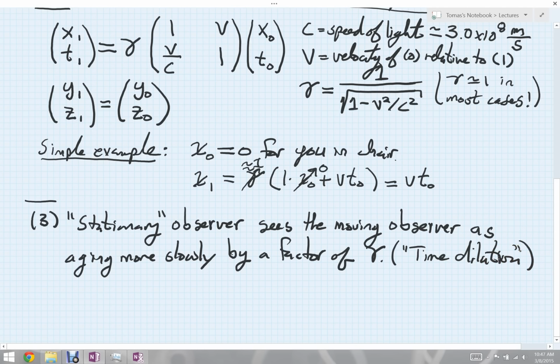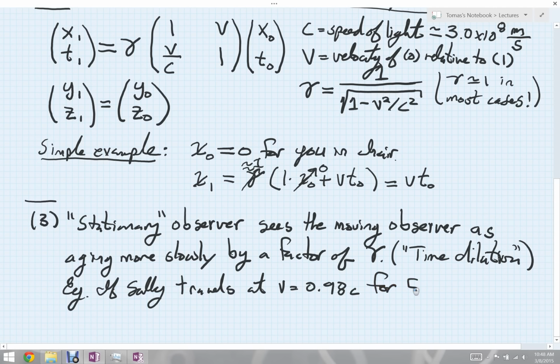Very common effect. So if I want to give you an example, if Sally travels at a velocity v equals 0.98 c, and if she does that for 5 years, and notice when I make this statement, I'm saying we see Sally travel at this speed for 5 years.